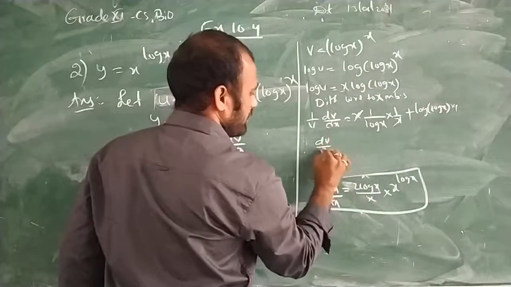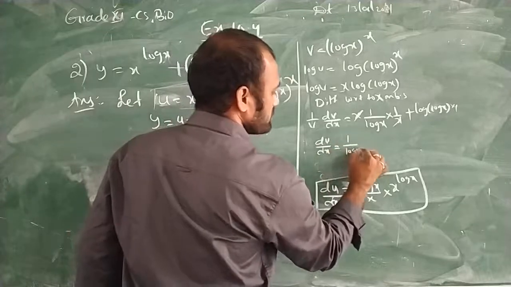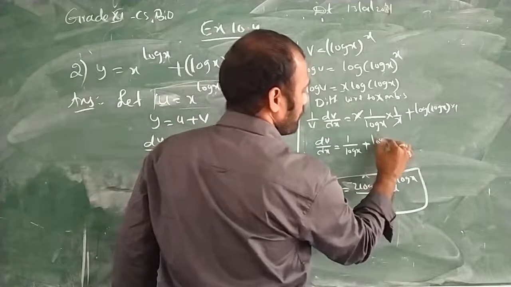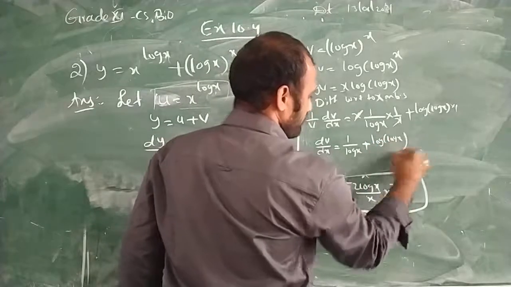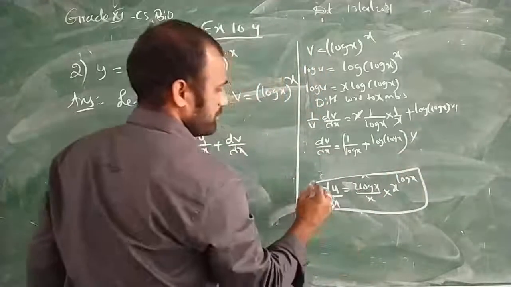So dv by dx is equal to 1 by log x plus log of log x, into v. So we already know the v function, which we can replace here.